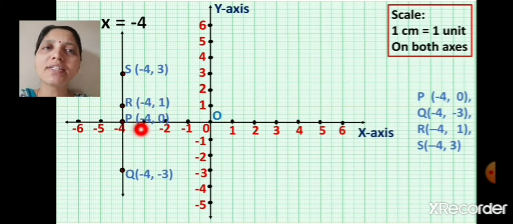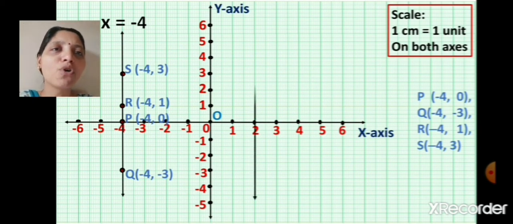Each point has x coordinate as -4. So every point on this line will have x coordinate as -4. The equation of this line is x is equal to -4. Okay.